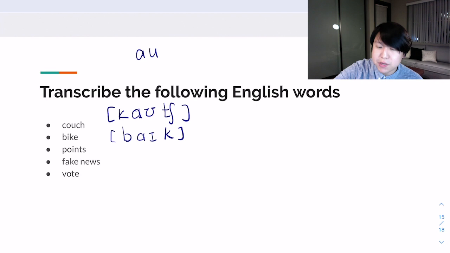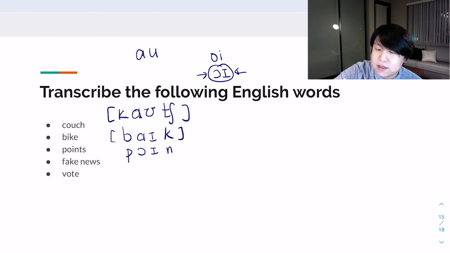Points. Oi is not written like this. It starts with open O and ends with the lax vowel E. And this ts sound is different from the ch sound. This is not an affricate.